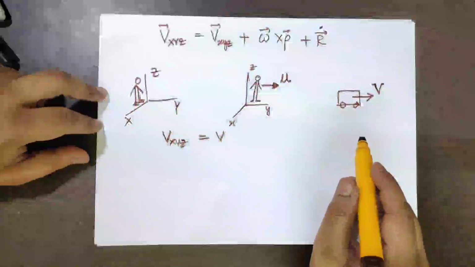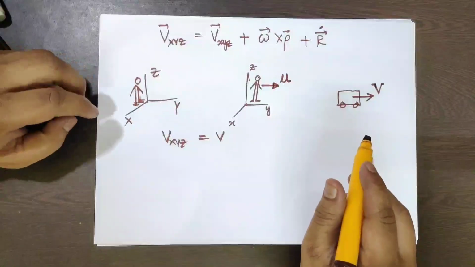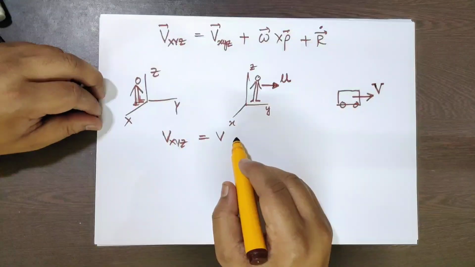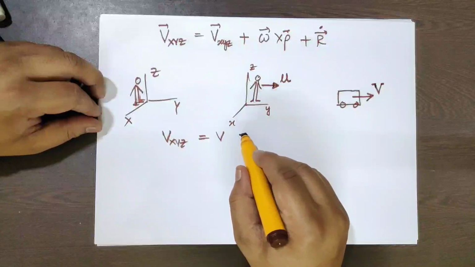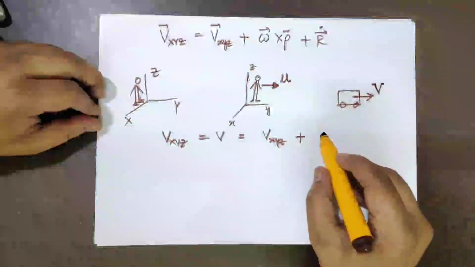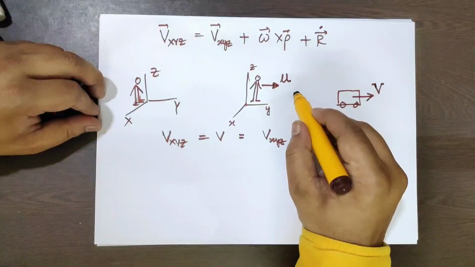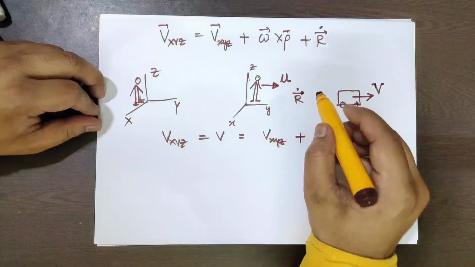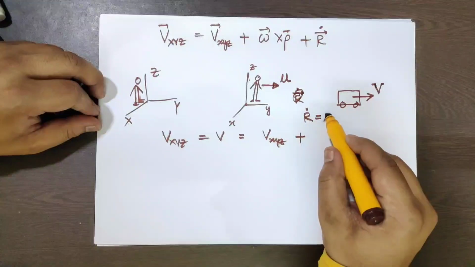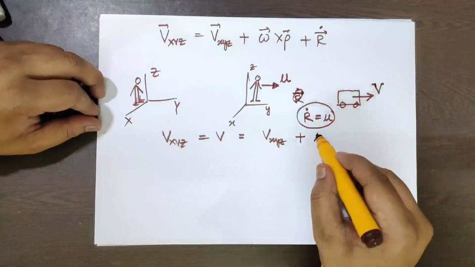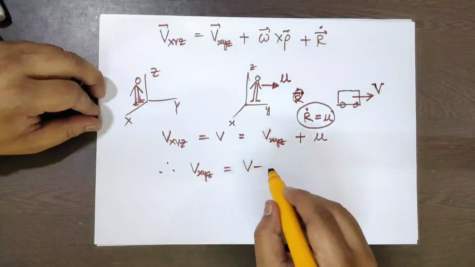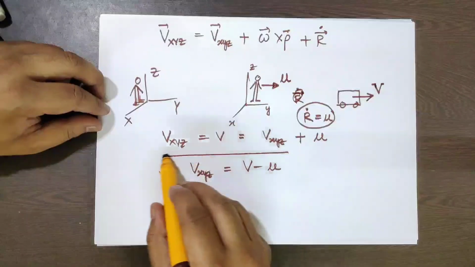Here all are along the x axis, so we won't write the vector signs. There is no rotation, so the omega term is 0, so v capital XYZ equals v small xyz plus R dot. If you write R dot equal to u, that is a simple expression for relative velocity: v small xyz equals v minus u.